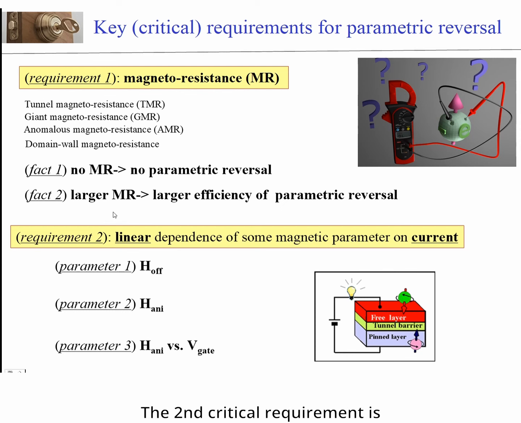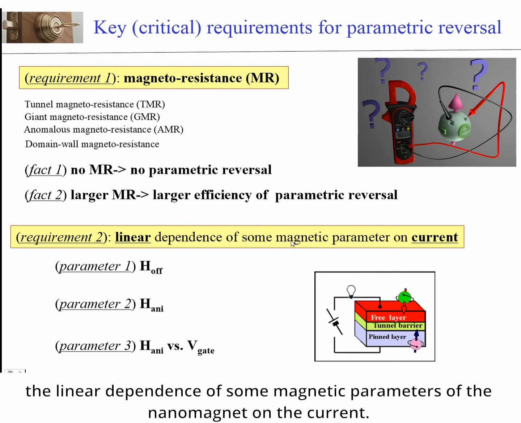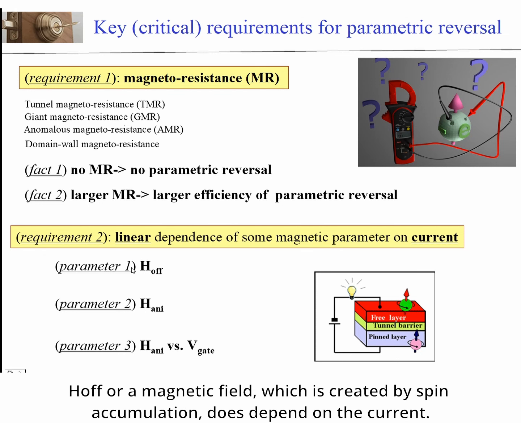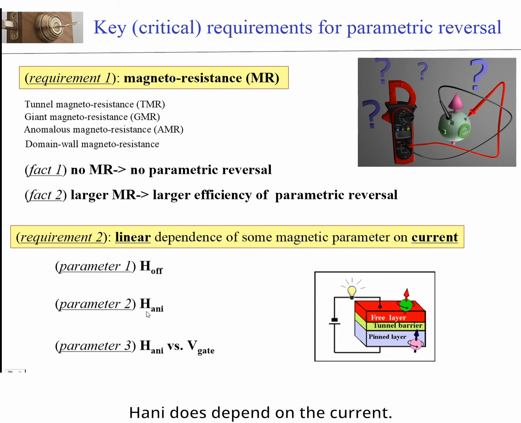The second critical requirement is the linear dependence of some magnetic parameters of the nanomagnet on the current. The measurement, which I have described in previous part of this video, clarifies that offset magnetic field, or magnetic field which is created by spin accumulation, does depend on the current.